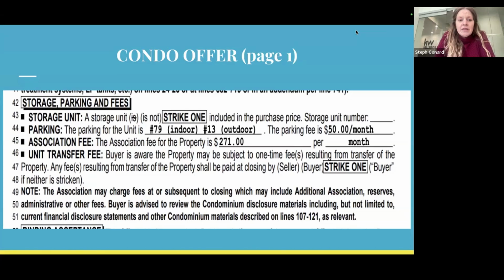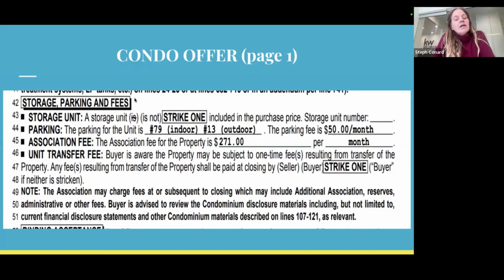The more you can connect with them directly, I think is good. Having that direct line of communication with the condo association company is really going to streamline the process for you.